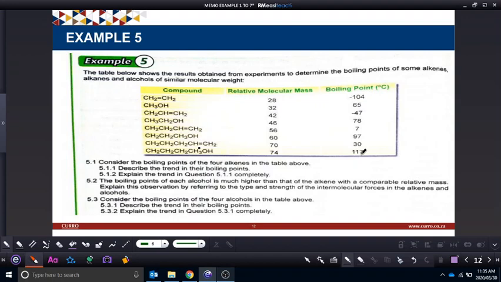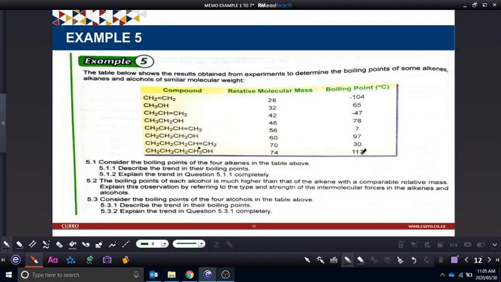Sorry, we're talking about the alcohols, so let me just repeat. The pentanol will have a stronger intermolecular force than the propanol, and the propanol will have a stronger intermolecular force than the ethanol, and the ethanol will have a stronger intermolecular force than the methanol.